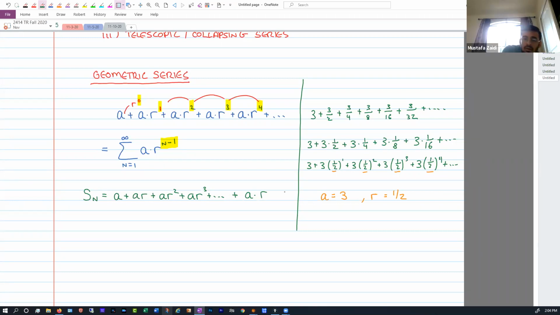R to the n. So if I stop at n, where would I be?